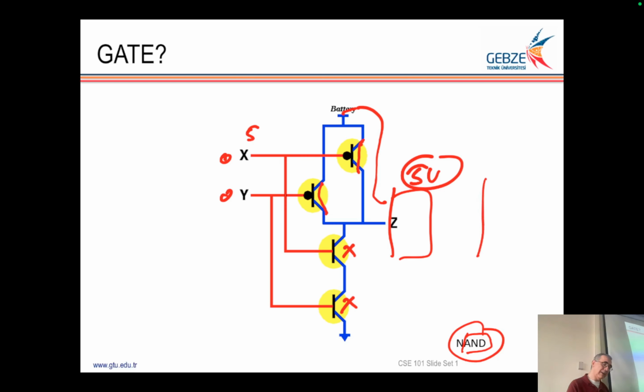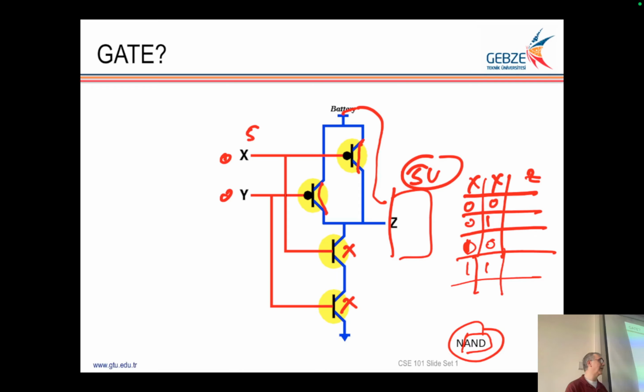So that means X, Y, Z. 0, 0, 0, 1, 1, 0, 1, 0, 1, 1. 1 means 5 volts, right? So 0, 0, 0, 0, 1, 0, 0, 0, 1, 0, 0, 1, 1, 1.